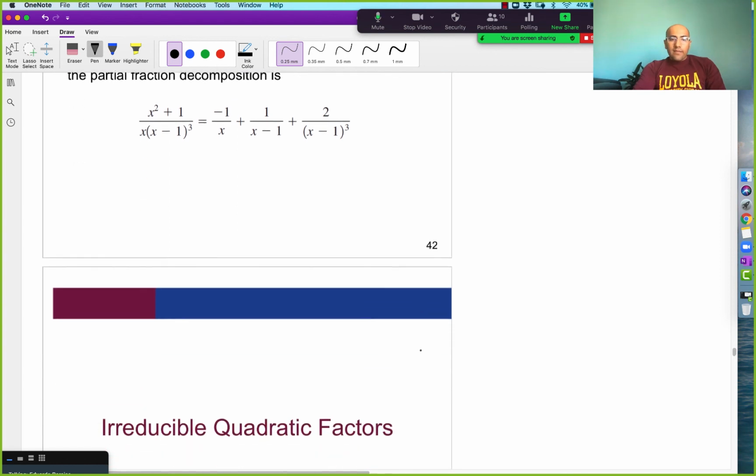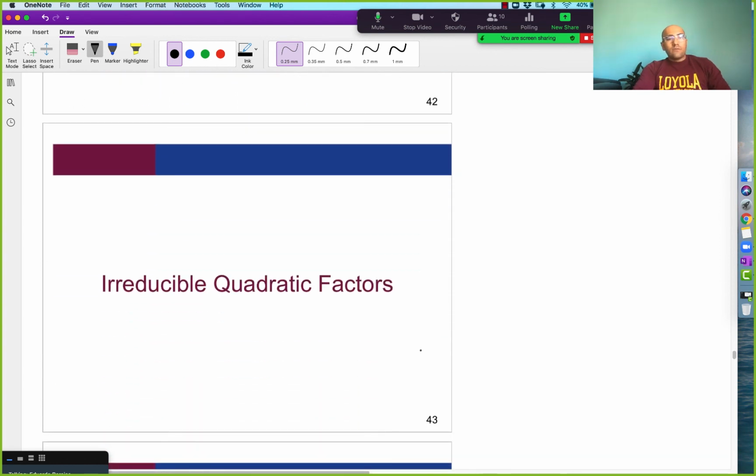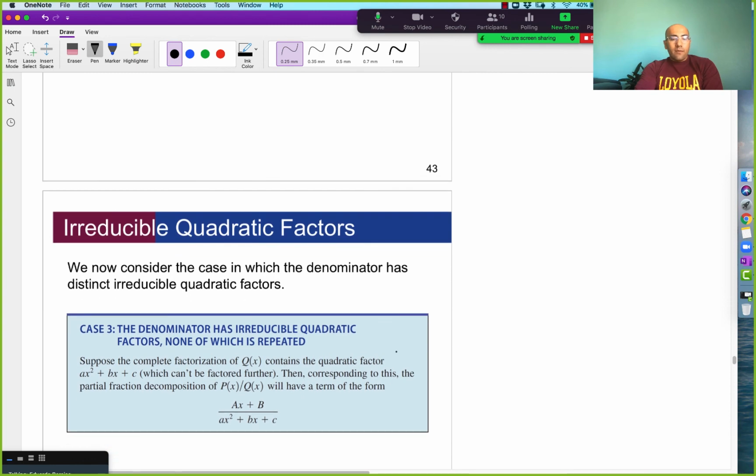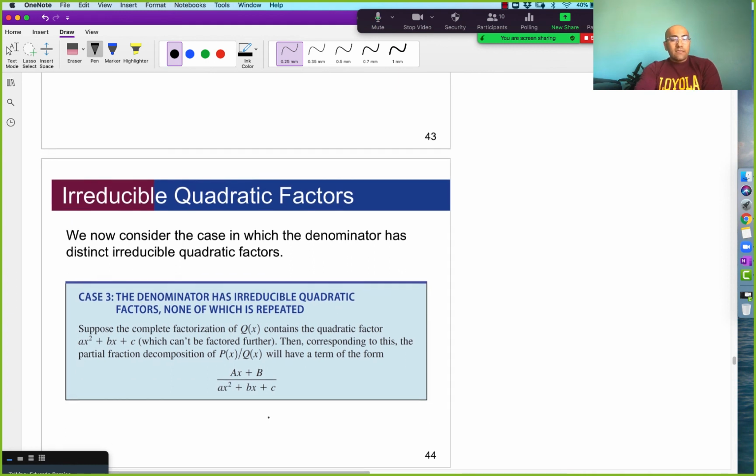Okay. The next type of thing we have to run into is irreducible quadratic factors. So you start factoring away your denominator, and you might end up with a quadratic that doesn't factor nicely any further. You can continue to try and factor it, but you might run into imaginary numbers, and we want to avoid those. We want to stay in the real number set for now.